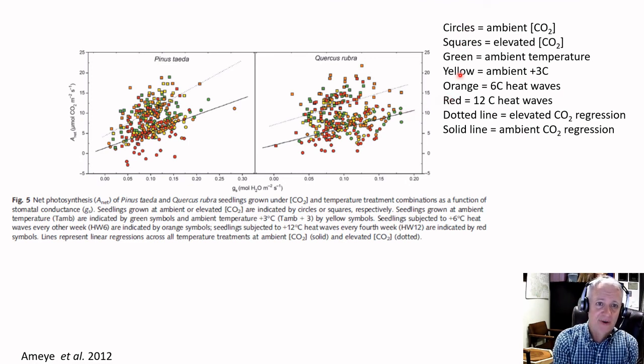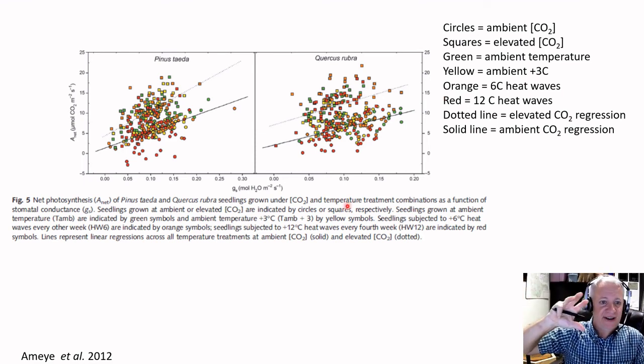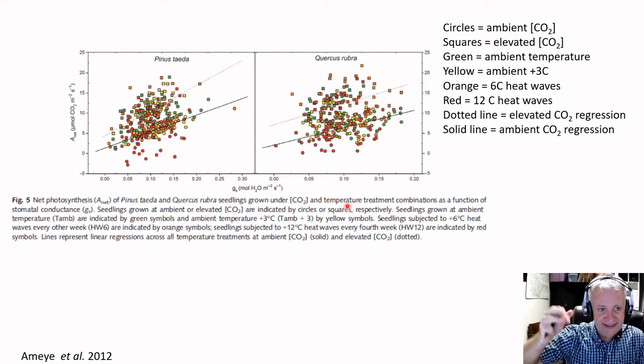There's a lot going on here, but basically circles and squares show both ambient and elevated CO2. Green symbols are ambient temperature, and then ambient plus 3 degrees C is yellow, and then orange and red show plants subjected to either 6 degrees C or 12 degrees C heat waves. So basically really elevated temperature for several days.